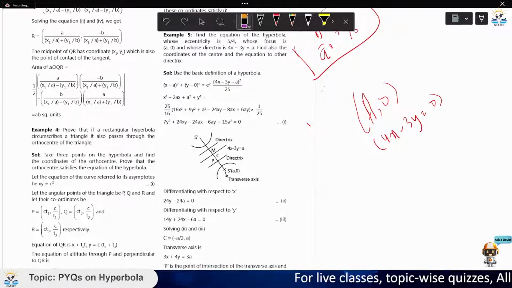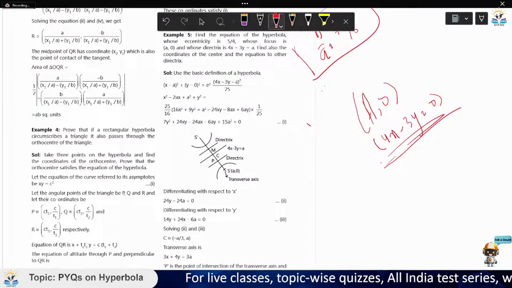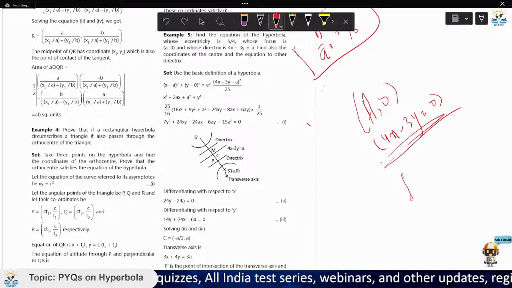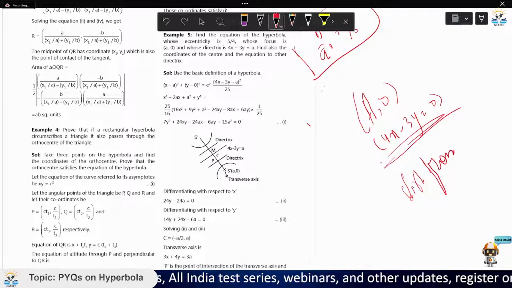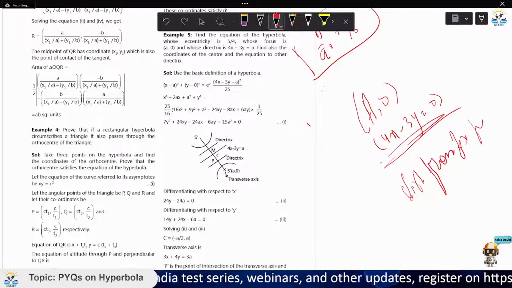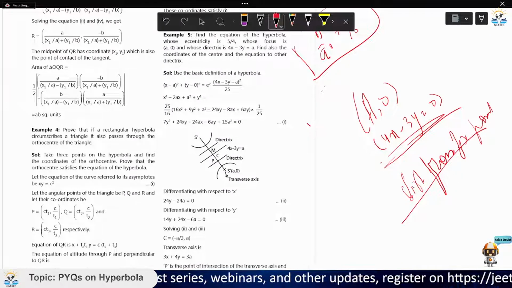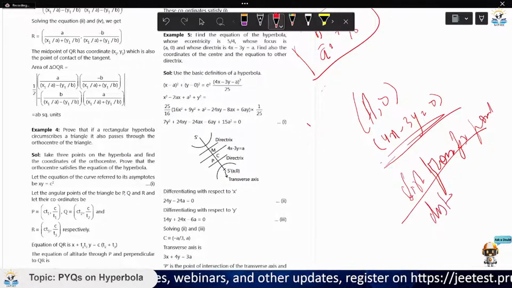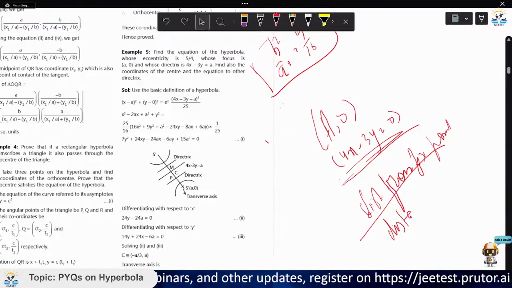So basically, we know what a hyperbola is. The distance from the fixed point, that is the focus in our case, divided by the perpendicular distance from the directrix is equal to the eccentricity.